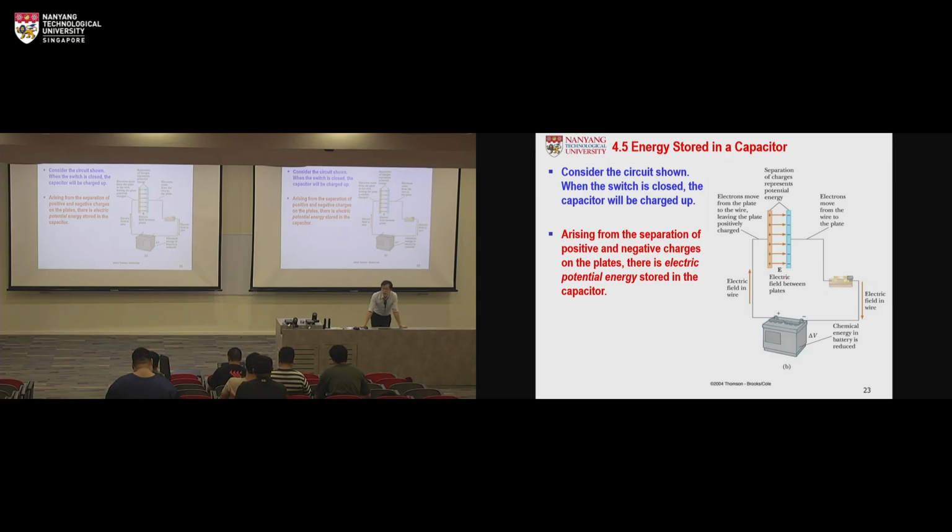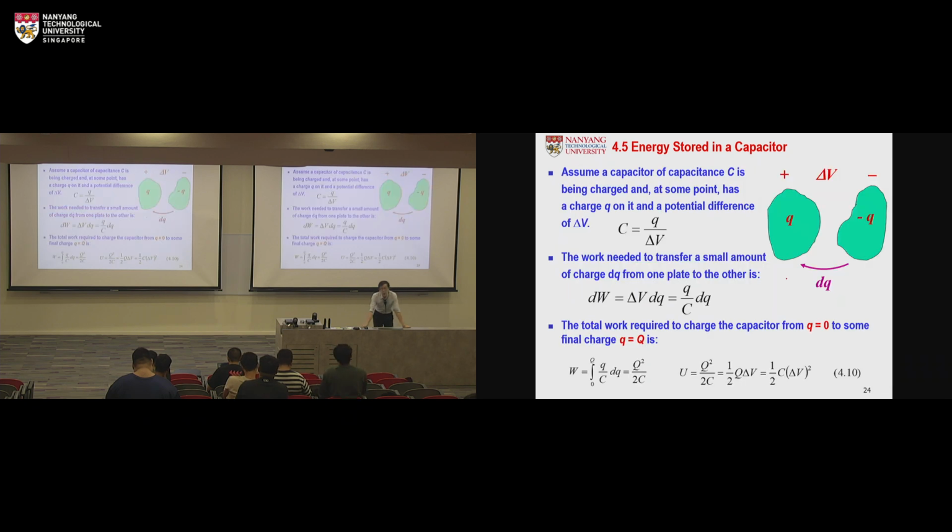So here is to understand where this energy comes from for a capacitor. When, let's say, it's charged, where does the energy come from? The way we understand it is, if it's a capacitor, then of course we know there will be Q, there will be delta V, and the ratio is C, right?